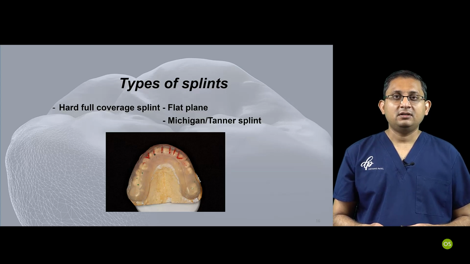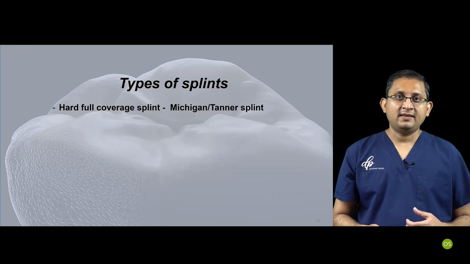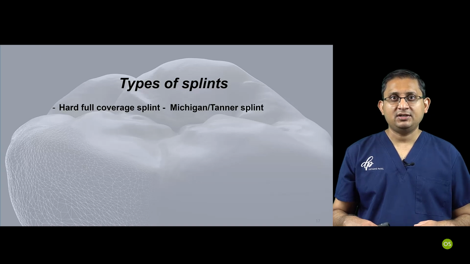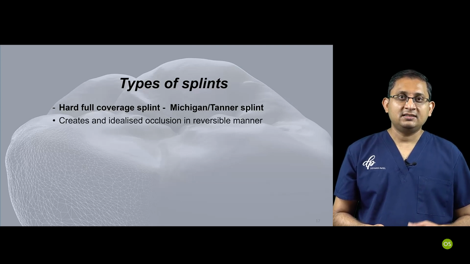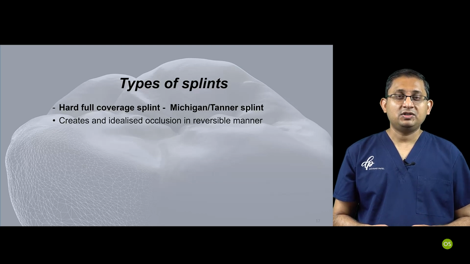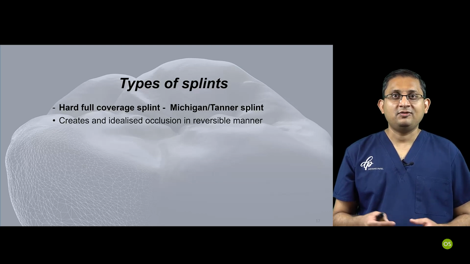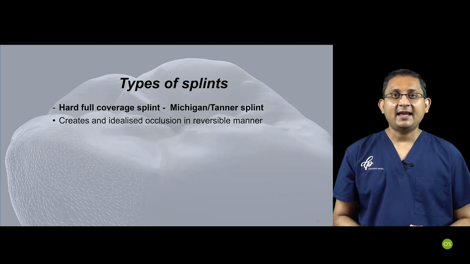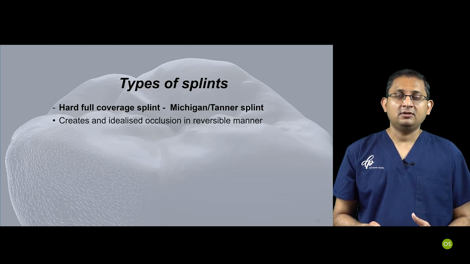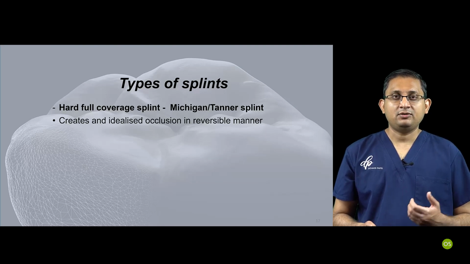Now, when you have a flat splint, it is used just for stabilization, but if you incorporate some sort of guidance in the splint, which you do for the Michigan splint and Tanner splint, it creates the idealized occlusion, which is removable, so it's in a reversible manner. So you can take the splint out and the patient is back to normal. So you can give the patient an idealized occlusal plane without having to cost them too much money.